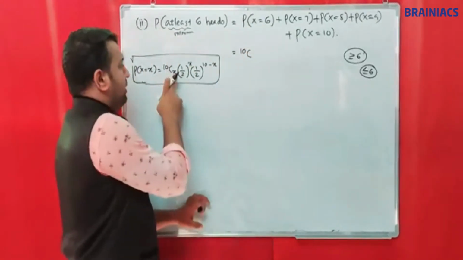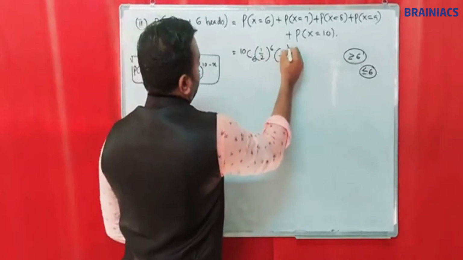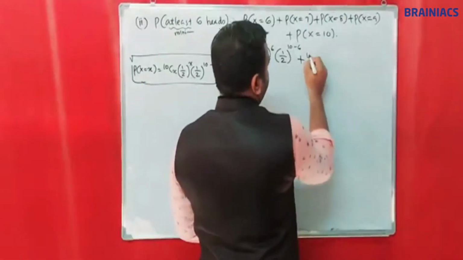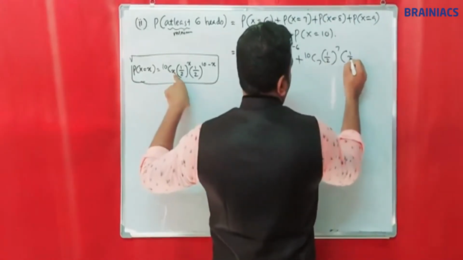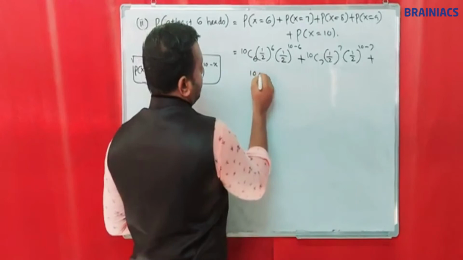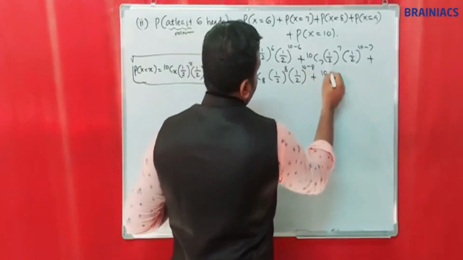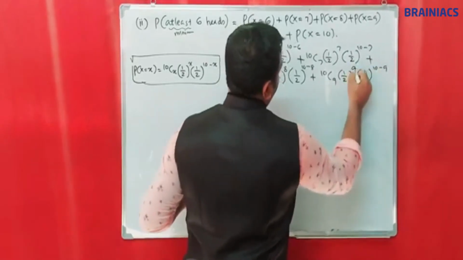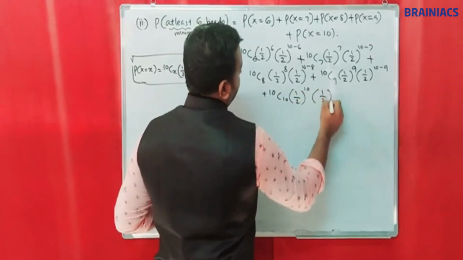10C6, 1 by 2 raised to 6, and 1 by 2 raised to 10 minus 6, plus 10C7 for x is equal to 7, 1 by 2 raised to 7, 1 by 2 raised to 10 minus 7, plus for x is equal to 8, 10C8, 1 by 2 raised to 8, 1 by 2 raised to 10 minus 8, plus 10C9, 1 by 2 raised to 9, 1 by 2 raised to 10 minus 9, plus 10C10, 1 by 2 raised to 10, 1 by 2 raised to 10 minus 10.